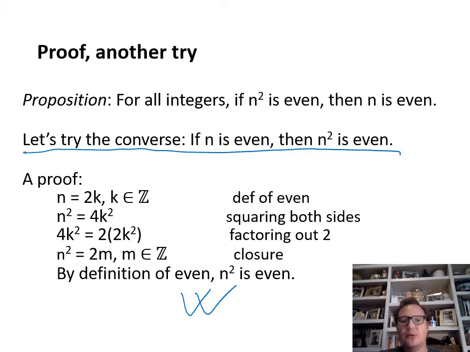So therefore, we can do proof by contrapositive, but we cannot do proof by converse. So this is just a wrong indirect proof, and the mistake was made here when we were doing this indirect proof by trying to prove the converse. So be careful there. The contrapositive is the only one you can do.